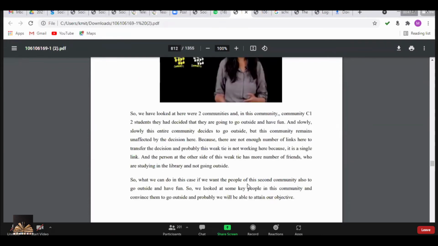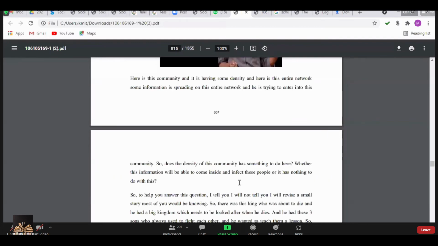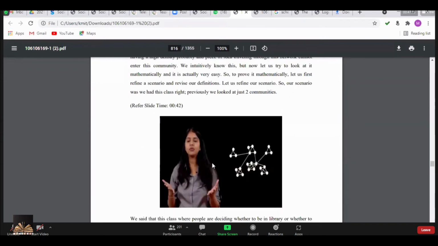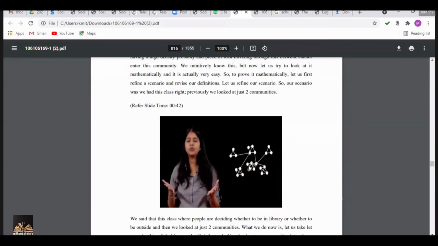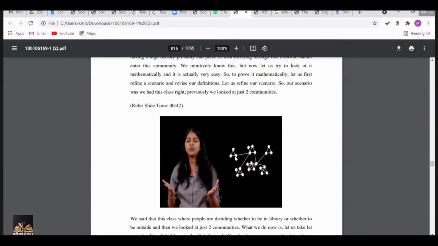Now, coming to cascade and clusters. What do we mean by cascade and cluster? See, here I have taken a scenario. There are different groups in the company. The manager is there in the group, and the manager makes some decision, and all don't want to follow that.